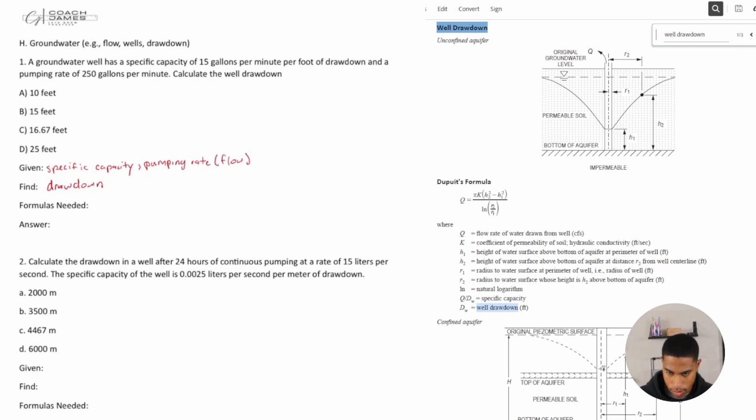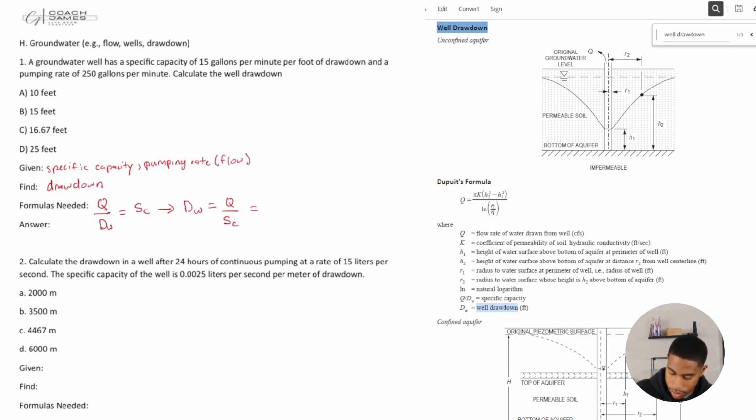All right. So I know that Q divided by dW is equal to specific capacity, right? But I'm solving for dW. So we need to convert this to say that dW is equal to Q divided by the specific capacity. Okay. And so that's going to equal, what's my flow?